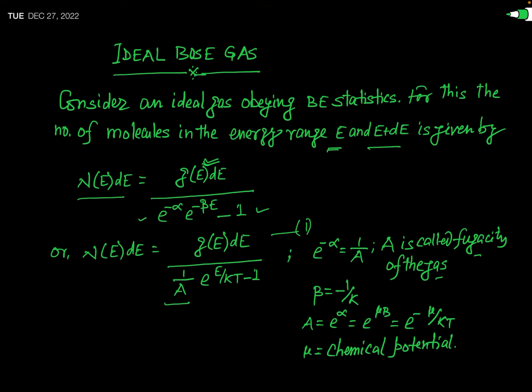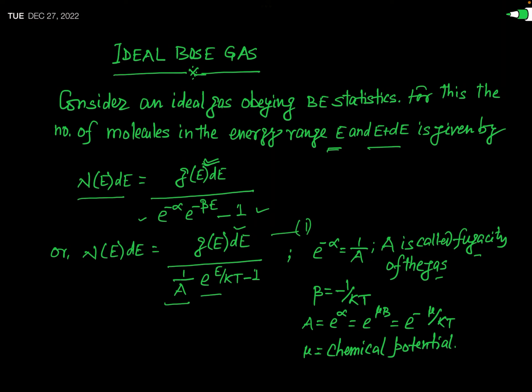And as you know, this beta is equal to minus 1 over kT. So when you substitute minus 1 over kT instead of beta, this factor will be E to the power E by kT. So N of E dE is given as G of E dE divided by 1 over A E to the power E by kT minus 1.